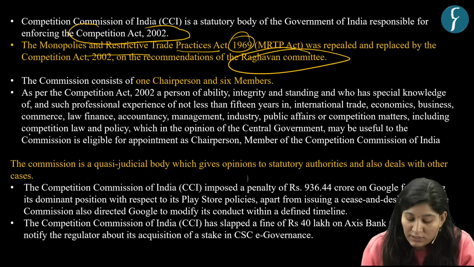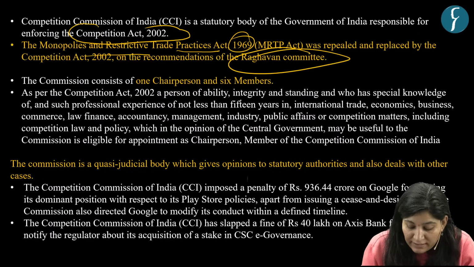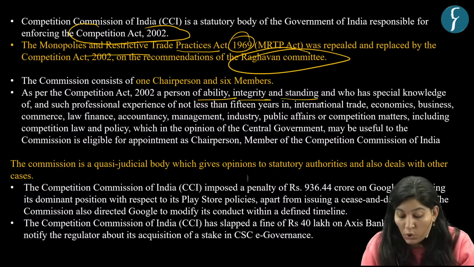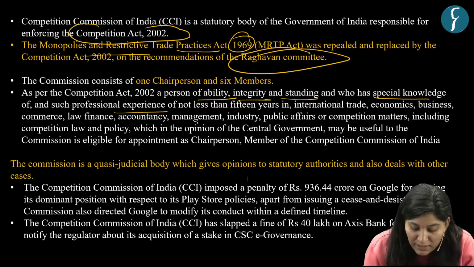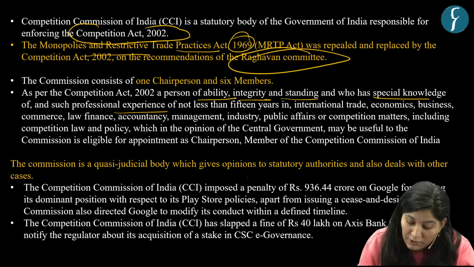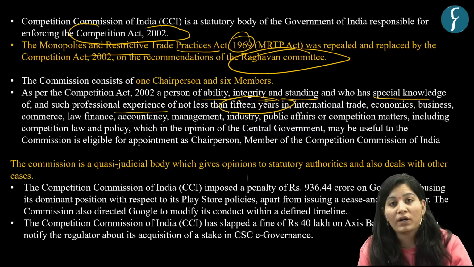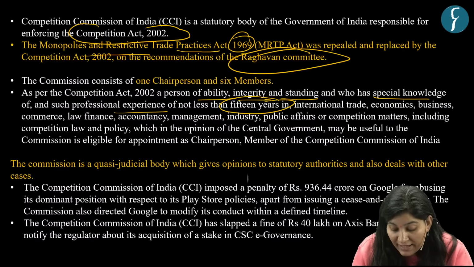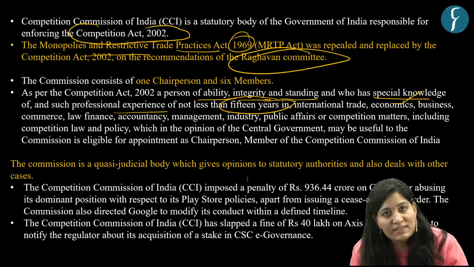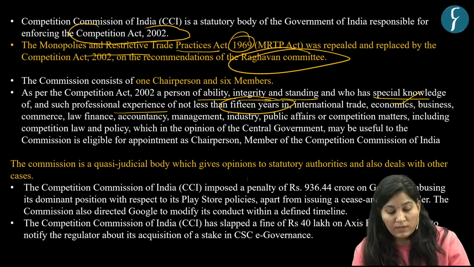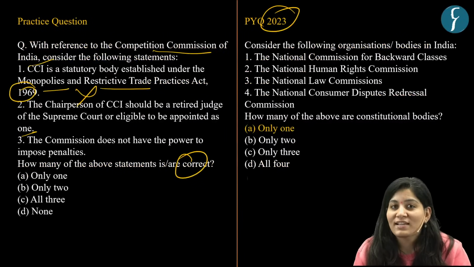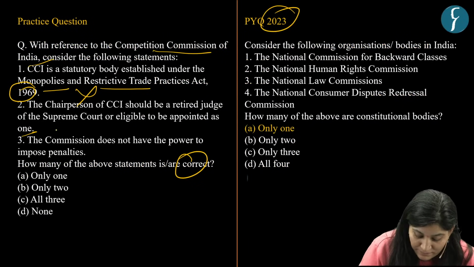That a person should be of ability, integrity and standing, who has special knowledge of and such professional experience of not less than 15 years in international trade, economics, banking, business, etc. This makes our second statement incorrect.